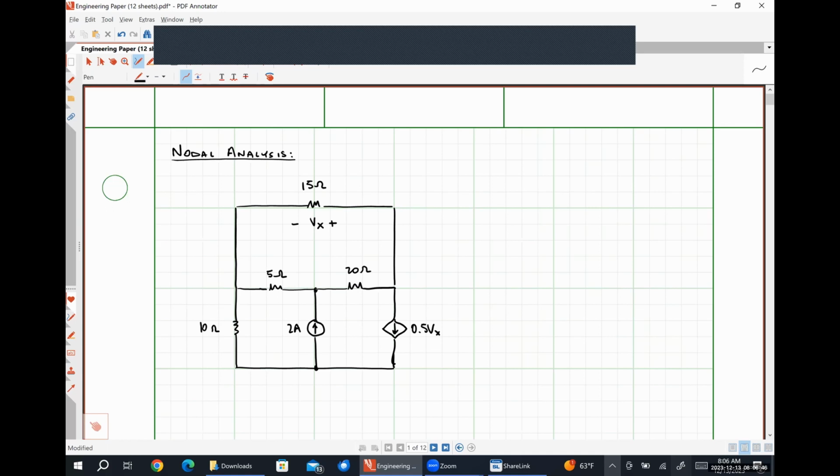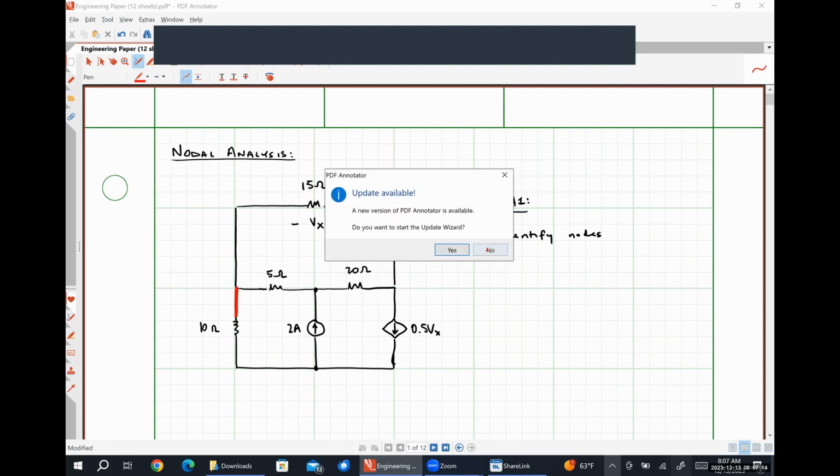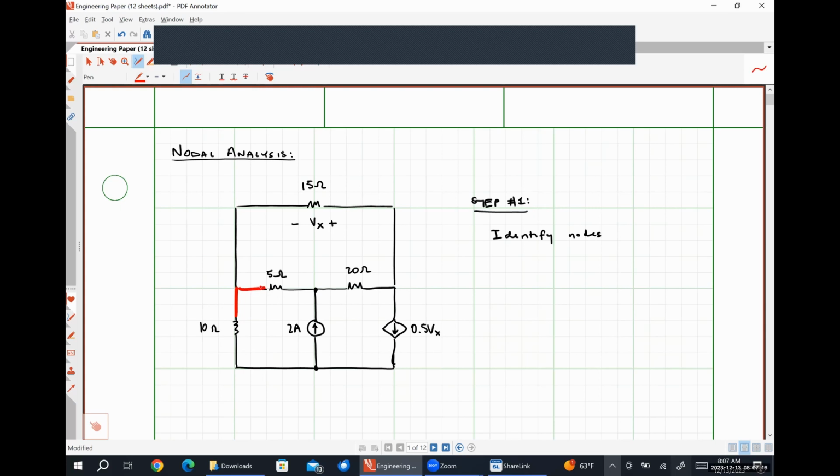All right, so our first step is going to be simply identify all of our nodes. So I'm going to do this like I've done every other time in this class. I'm going to use different colors and just go from one component to the next, like so.